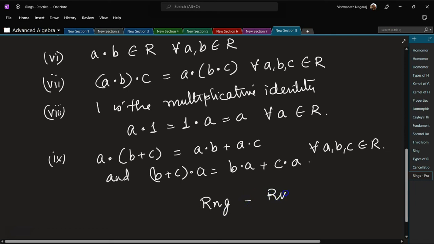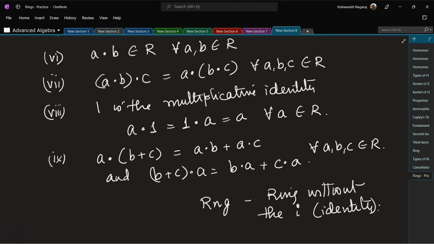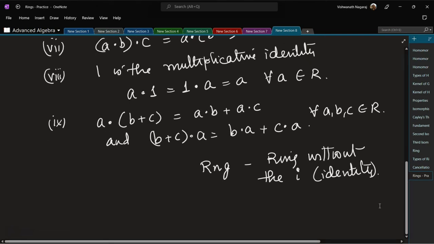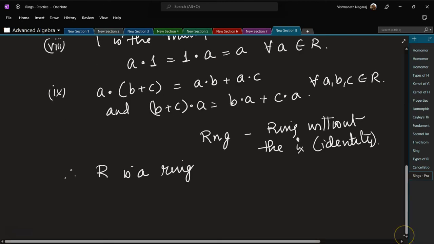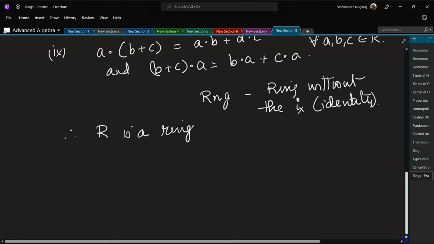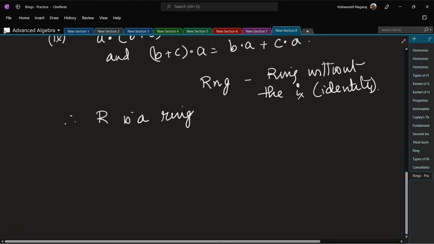That means a ring without the i. That is identity. So depending on that, you have to say whether it is a ring or rng. Okay. So what we have achieved is, now we are in a position to say R is a ring because it contains the multiplicative identity. Again, you need to be clear about which particular textbook you are following.